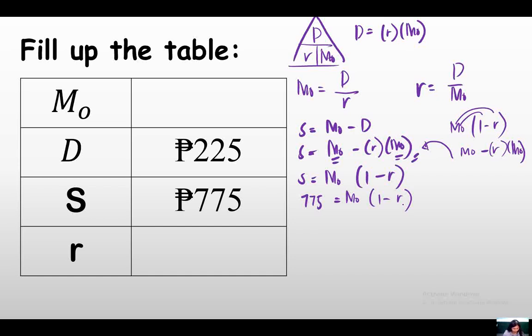How are we going to do this? How are we going to get the cost price? I'll just take a moment to look at the formula.